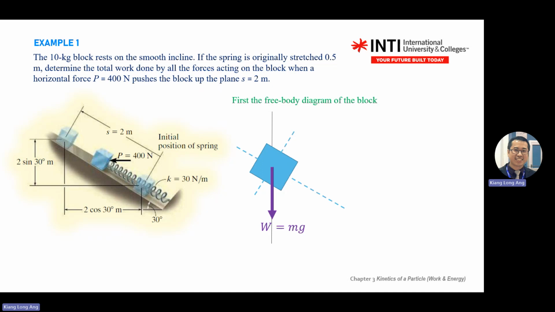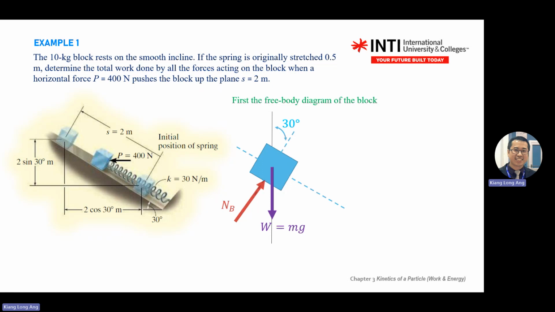Force can create work. Weight can create work. Spring can create work. So you have three components that create work. Then there's a 30-degree angle from the surface. All right, 30 degrees. What else?